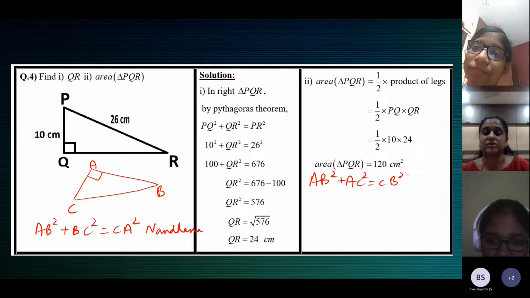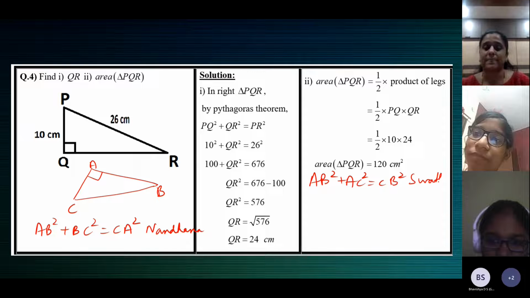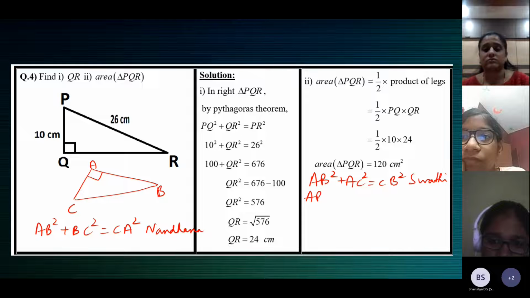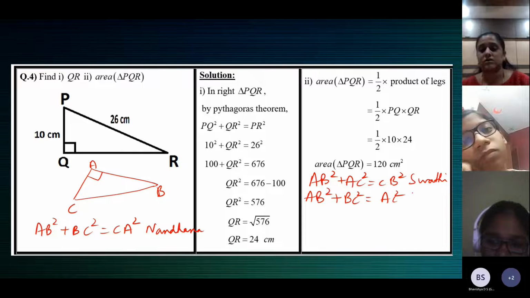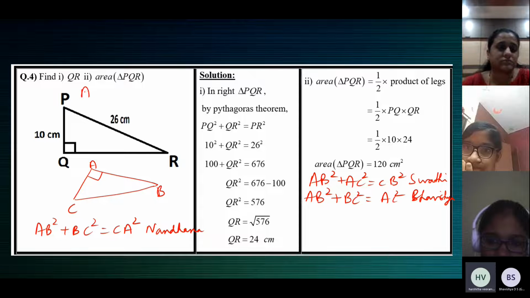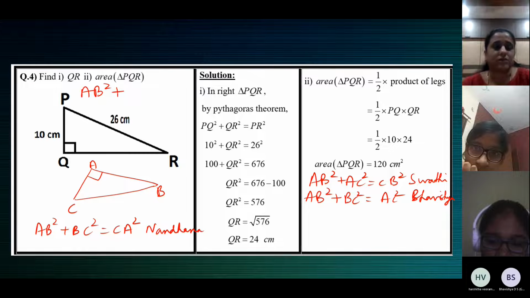Okay, Bhavishya. AB square plus BC square is equal to CA square, ma'am. Then Harshita. Ma'am, I think it is AC square plus AB square equals BC square, ma'am.